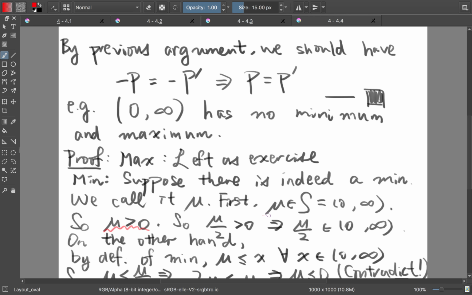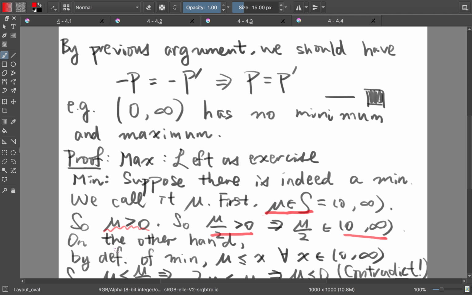First of all, mu should be lying inside S by the definition of minimum, and by the definition of this interval, we know that mu is greater than 0. And if we divide both sides by 2, we still get mu over 2 is greater than 0. And by the definition of this interval, mu over 2 again lies inside this interval.